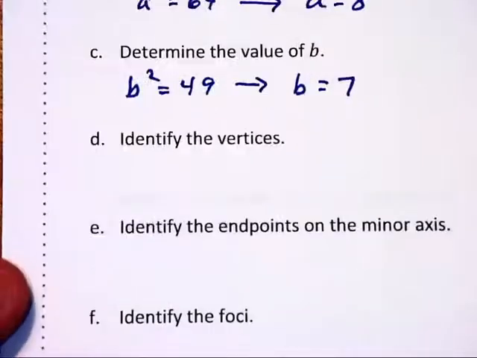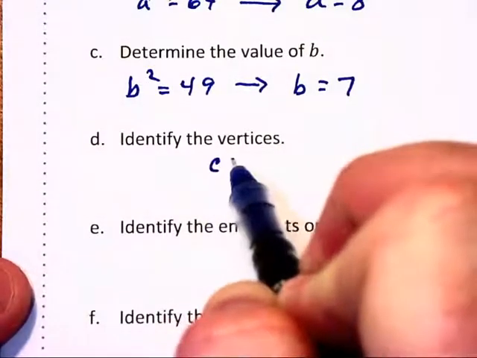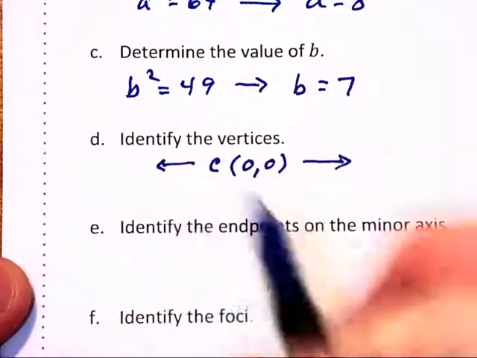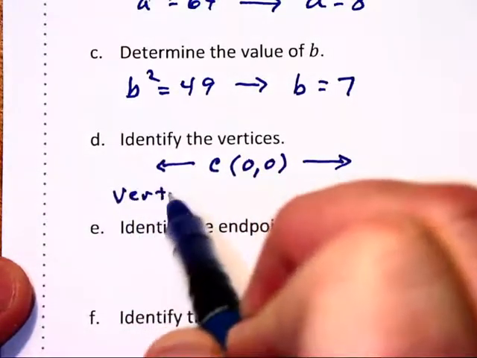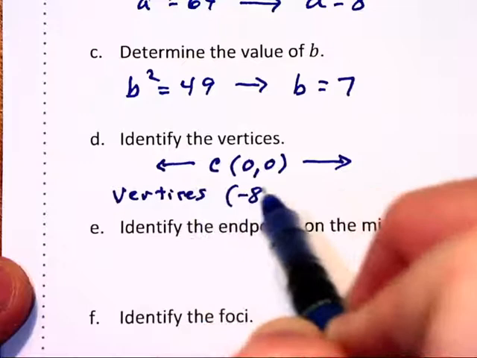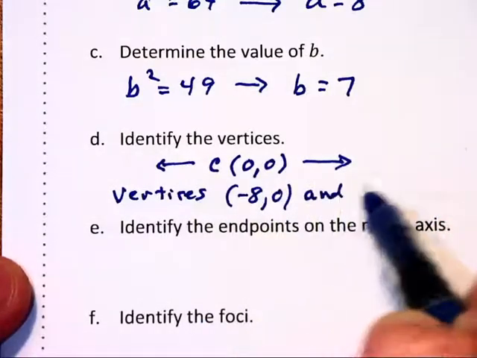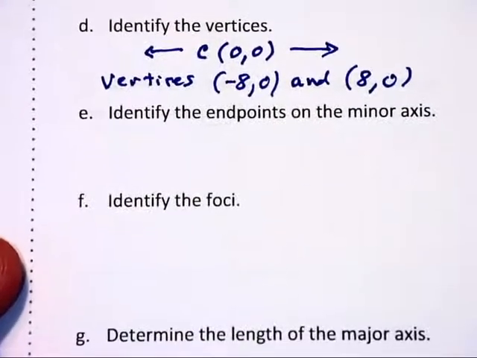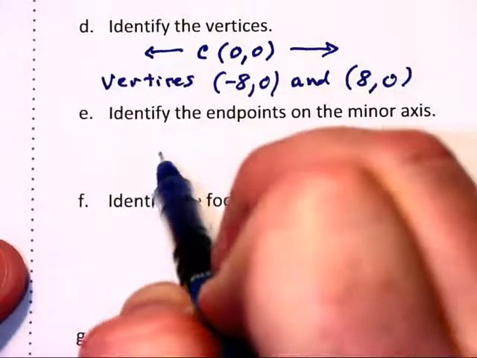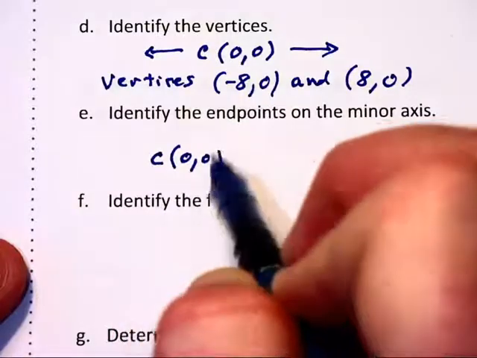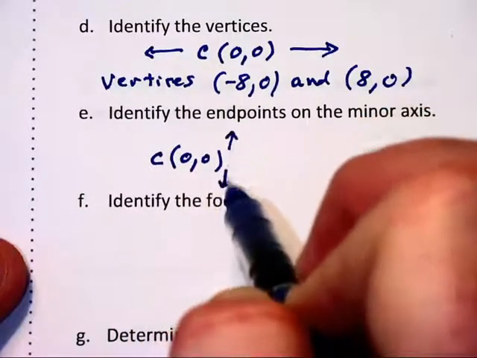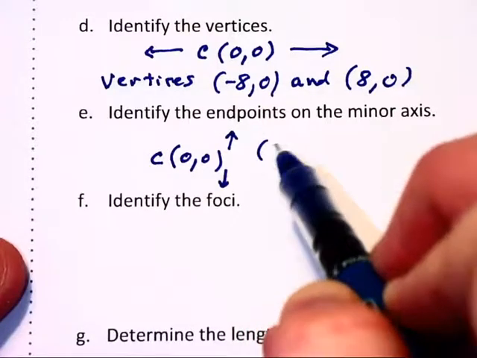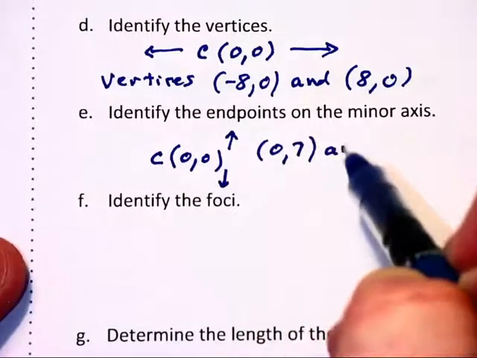So if we start at our center, which is at (0, 0), and we're going 8 to the right and 8 to the left, the vertices are going to be located at (-8, 0) and (8, 0). If we want to find the endpoints of the minor axis, we're starting at the center of (0, 0), but we're going up and down 7 units.